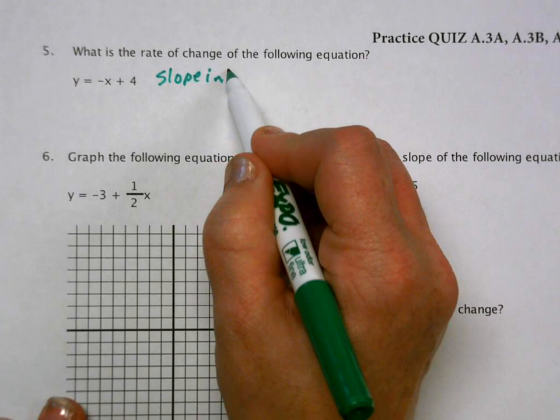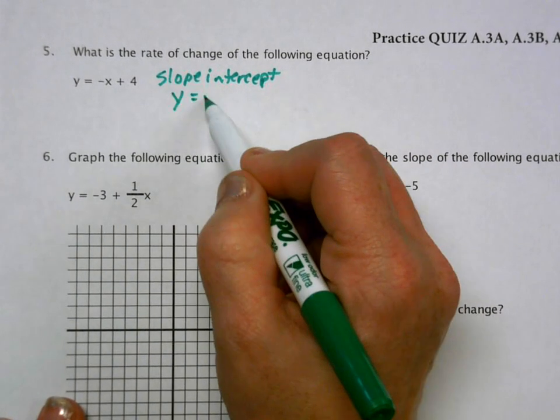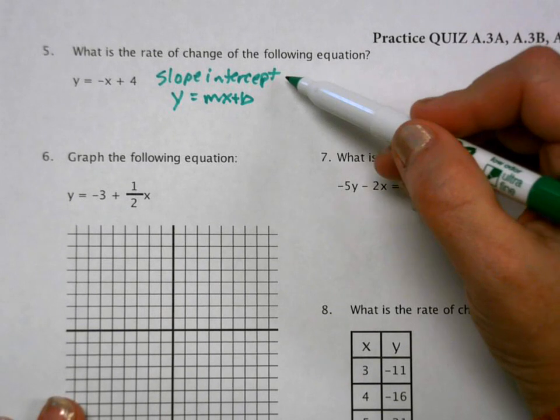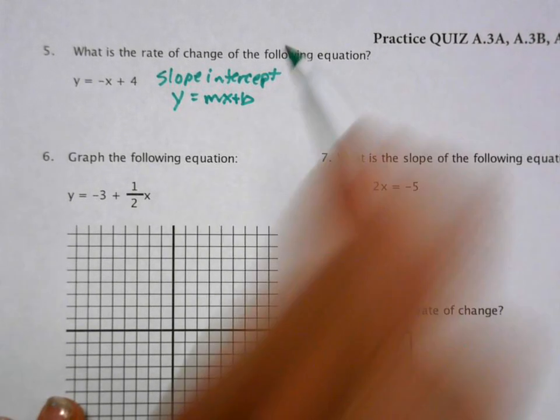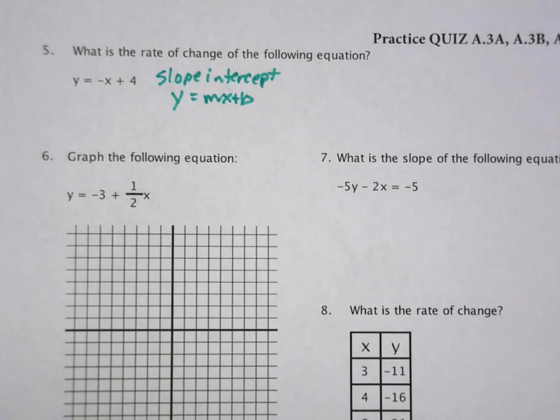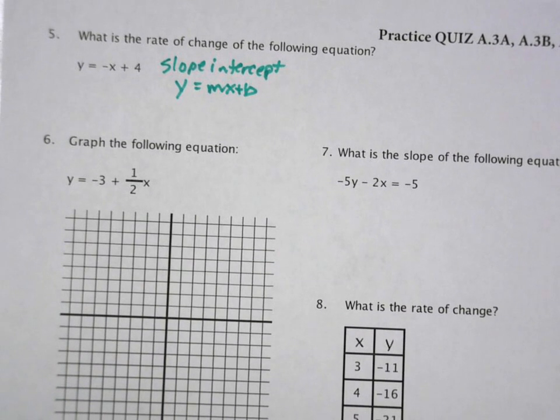Slope-intercept. And you're right, that's y equals mx plus b. Okay. I just want you to relate what it's actually called with the format. Because if it asks you to answer the question and put it in slope-intercept form, then you need to know what it's asking you for, right?